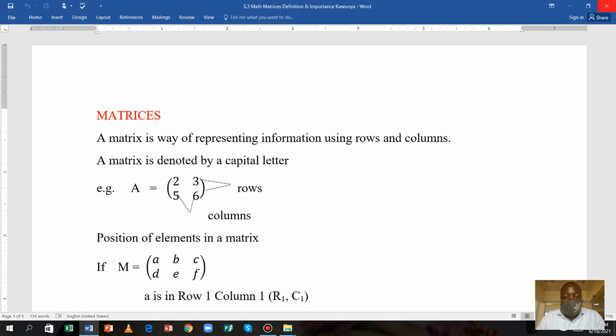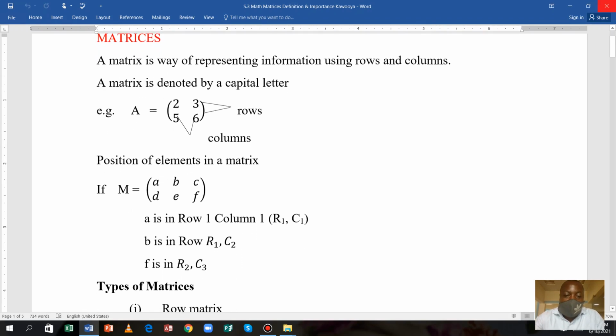But to every matrix, whatever is inside the brackets is referred to as an element of a matrix. And each element of a matrix has got a particular position.